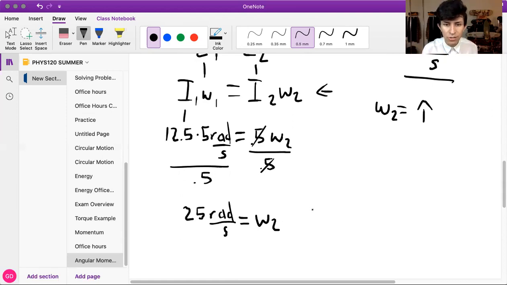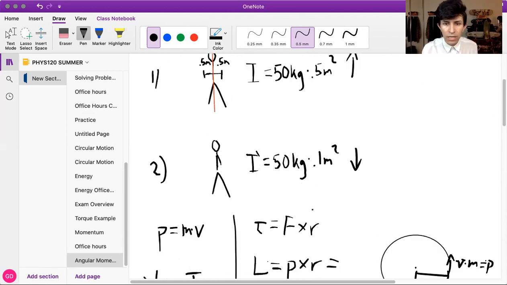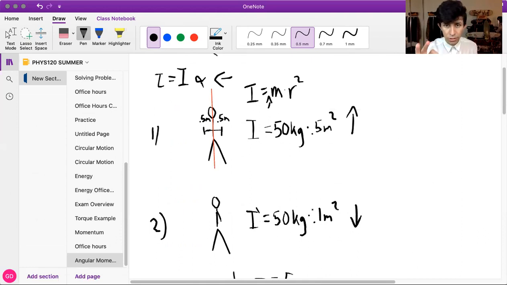And so what this tells us is here's how to relate inertia. The bigger the moment of inertia, the slower you can go. The smaller the moment of inertia, the faster the tendency you have of moving. It's like that with Newton and his laws. I don't want you guys to memorize the laws.